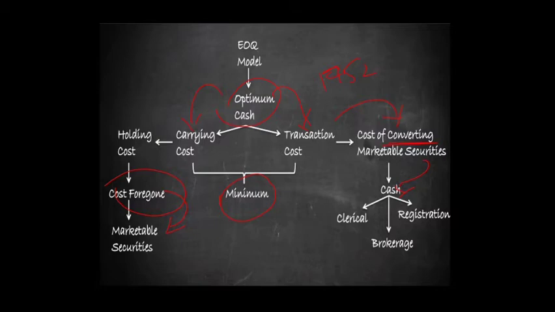That has a cost, like the clerical cost, brokerage cost, and registration cost. So this is all about the transaction cost. So how can this optimum cash be identified using the economic order quantity model?